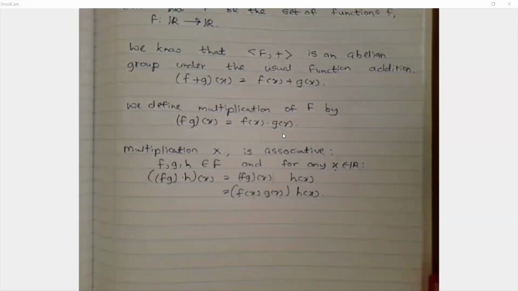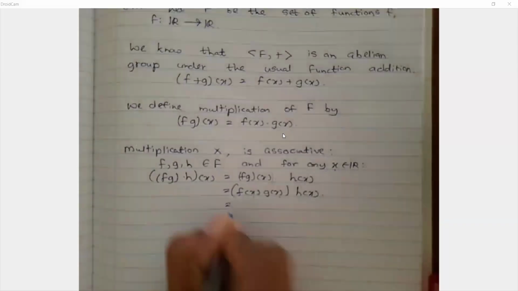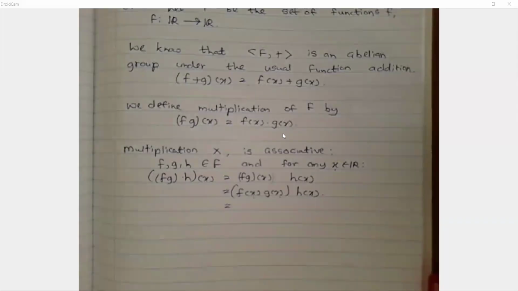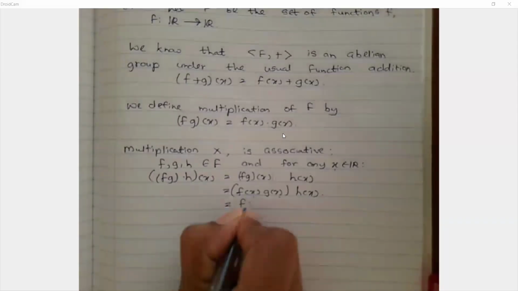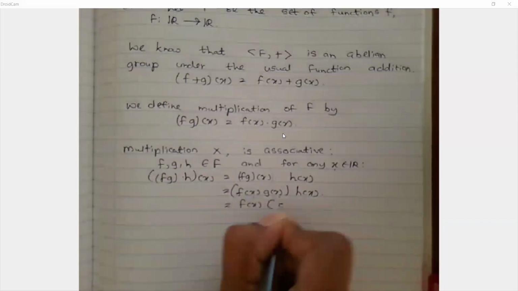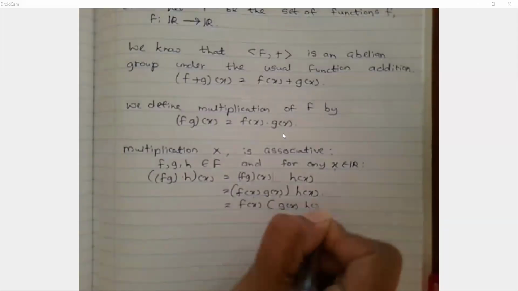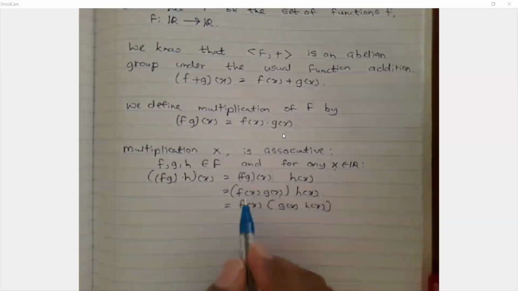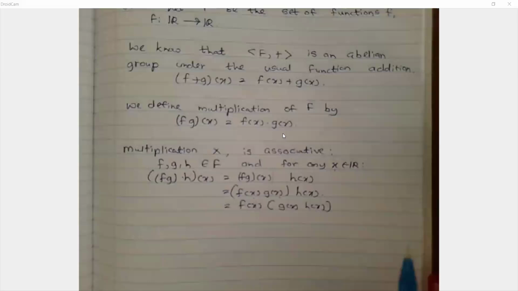So we use the property that multiplication defined on R is associative, and we write f of x times g of x times h of x. This is because all these numbers that you see are real numbers. R is a ring. Multiplication is associative, therefore, we write it this way.